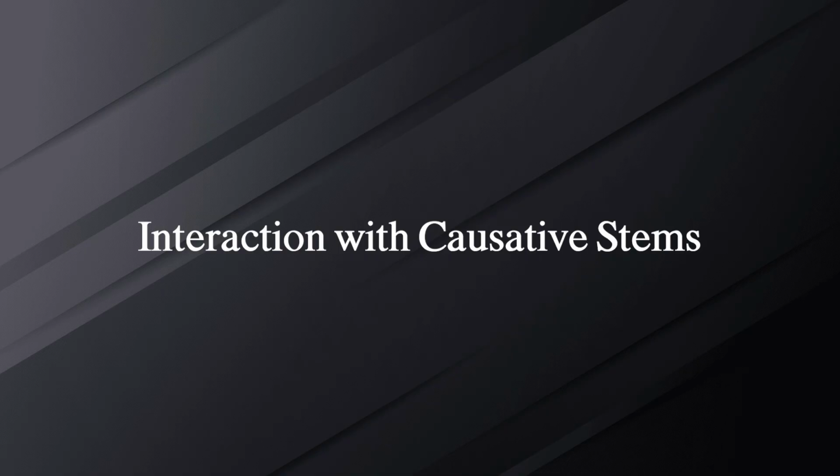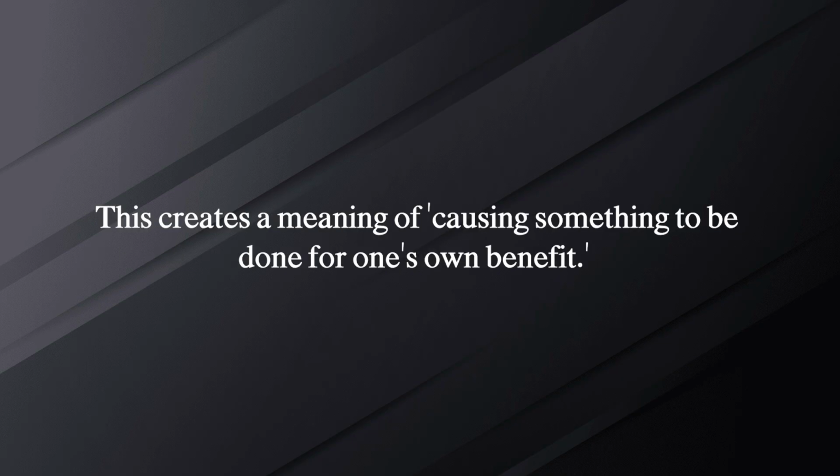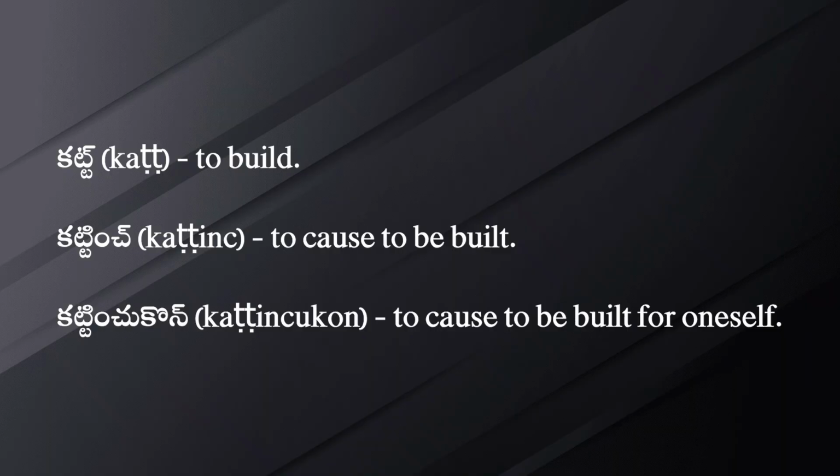Interaction with causative stems. The reflexive auxiliary kon is flexible enough to be added to causative stems ending in inch. This creates a meaning of causing something to be done for one's own benefit. However, note the hierarchy. You can add a reflexive to a causative, but you cannot add a causative suffix to a reflexive stem.